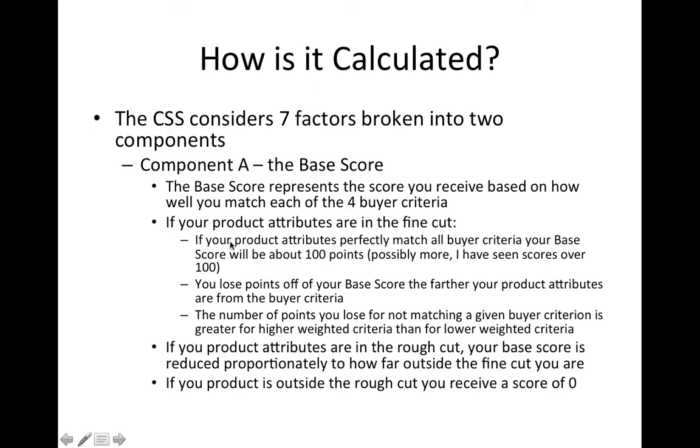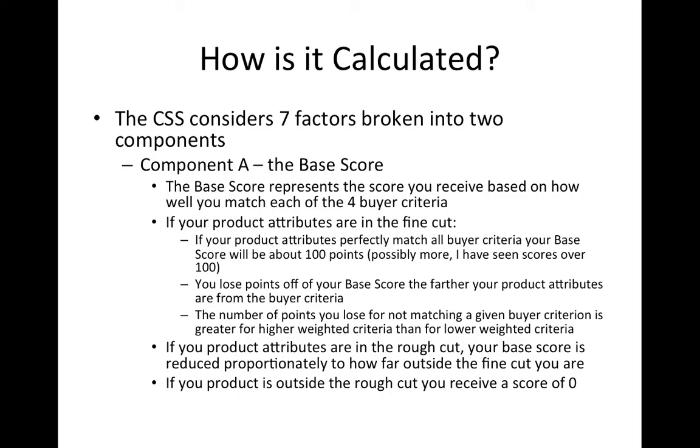Now, let's say that if it was perfect, you start at 100. The less perfect it is, you start losing points off of your base score the further your product attributes are from the buyer criteria. The number of points you lose for not matching a given criterion is greater for the higher weighted criteria than for the lower weighted criteria. Now, exactly how that works is, again, a trade secret and something that's a little bit hard to figure out.